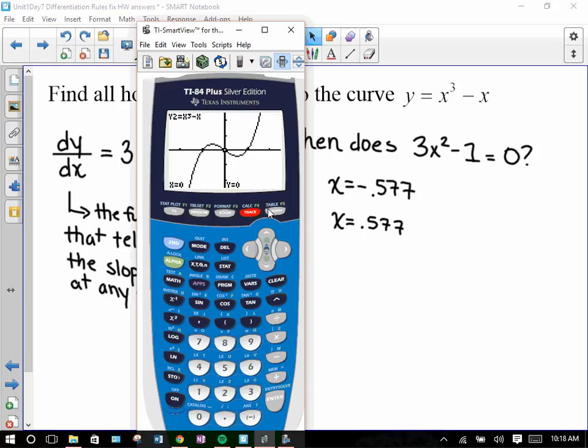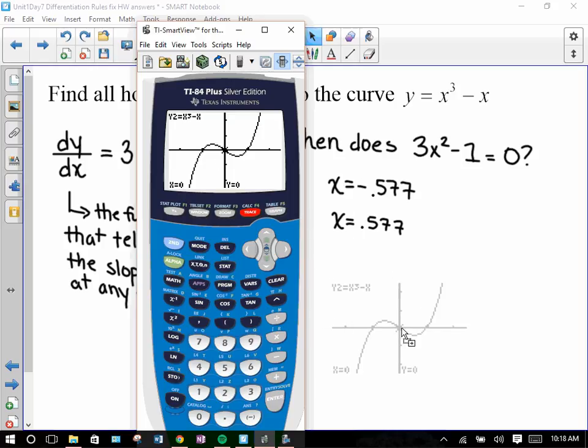Does that look like negative 0.577 right here? Right there. Those are our horizontal tangents, because that's where the slope equals 0.